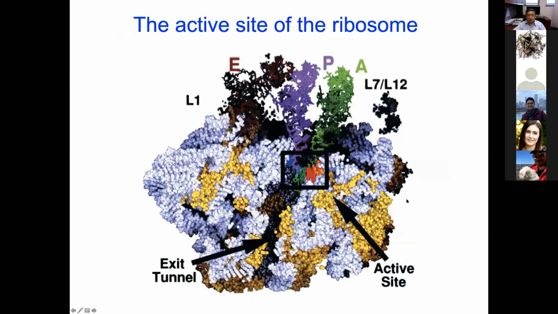So here I show you some of the details. This is maybe one of the very important images in this whole class. I want you to pay attention to the 3 tRNAs bound in the A site, the P site, and the E site. The E site tRNA is the one from which the amino acid is removed and which is ready to leave.